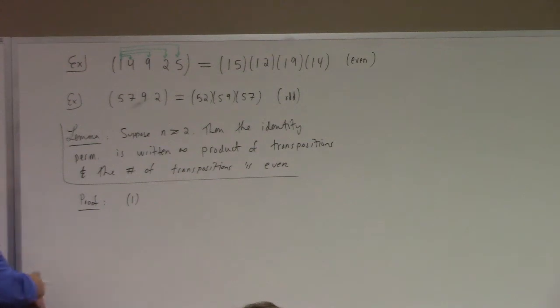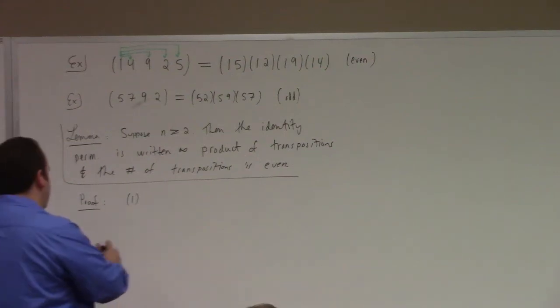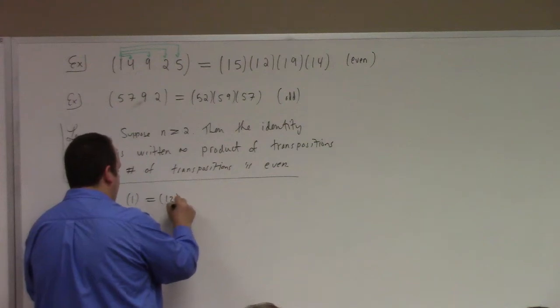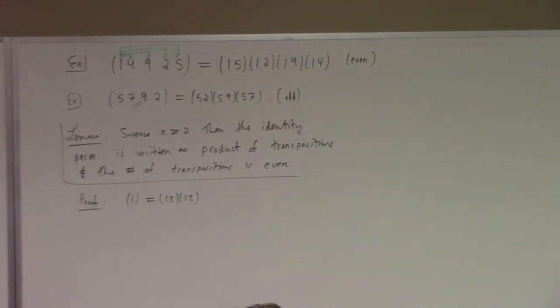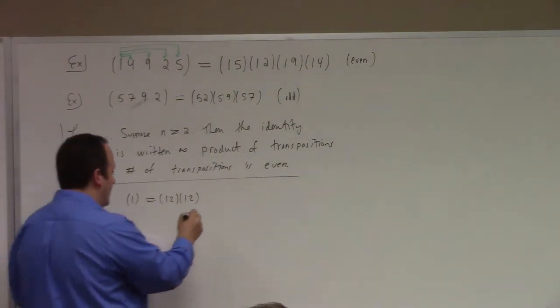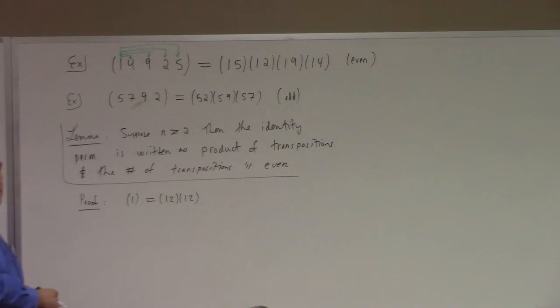So, you take the identity. First of all, n greater than or equal to 2, what's that do for us? That means that 1, 2 is in the set of permutations, right? So I can write 1 as (1 2)(1 2). Okay. And by the theorem I just erased, we can write the identity as a product of transpositions, 2 cycles.